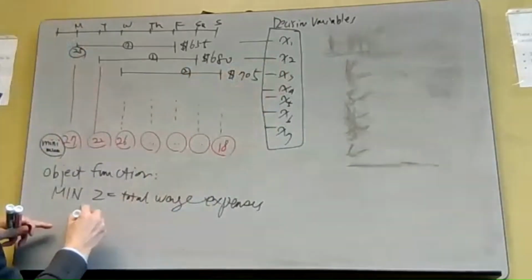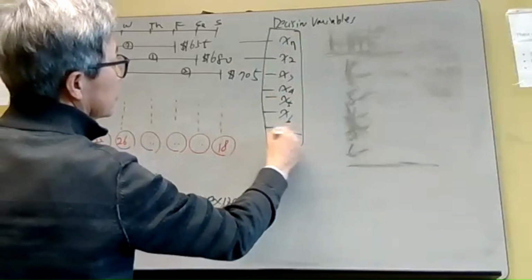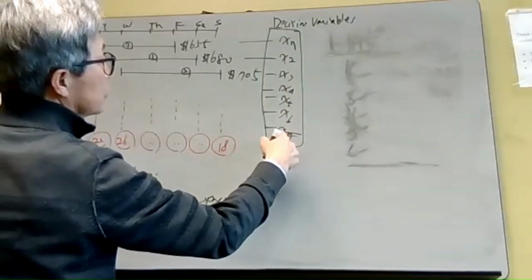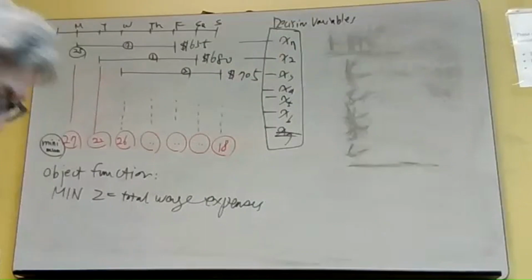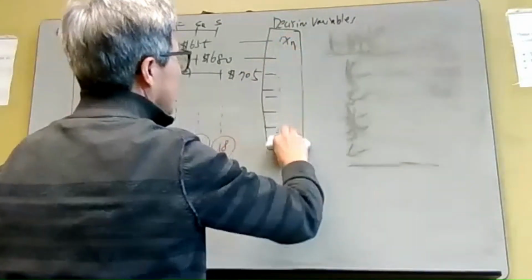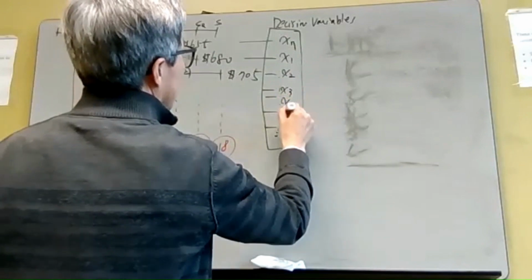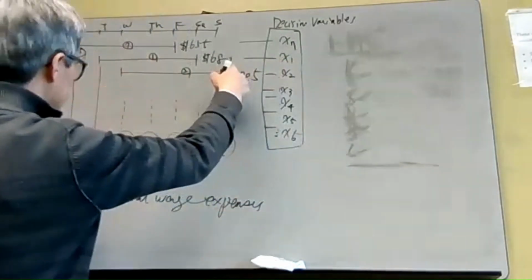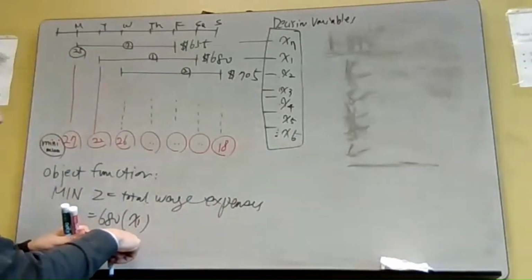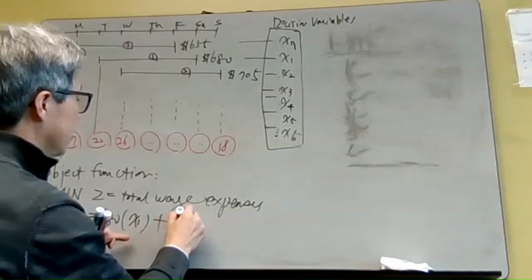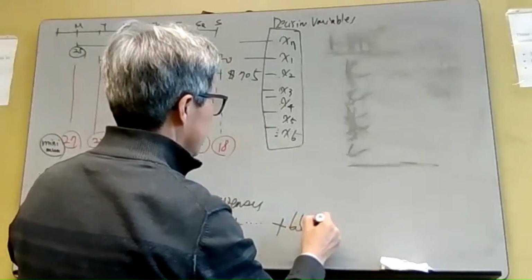Sorry, there was something wrong. It is X1, X2, X3. 680 times X1, number of workers assigned to shift 1, plus 705 X2, plus 655 X7.